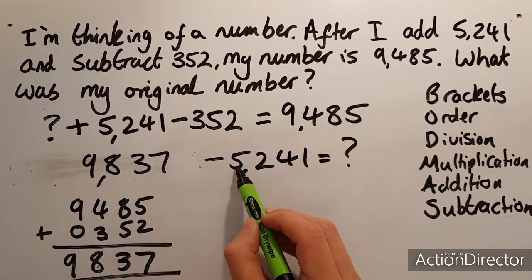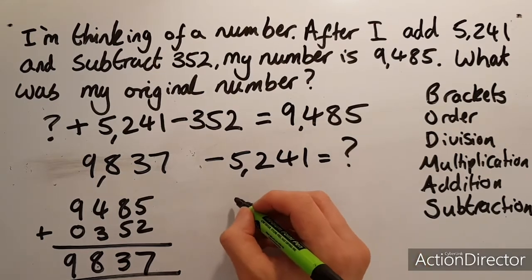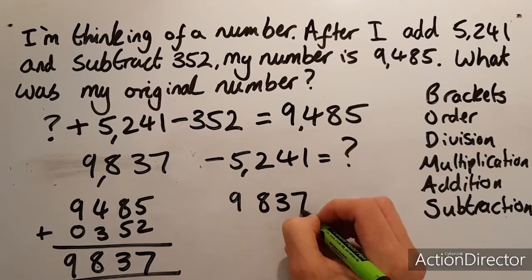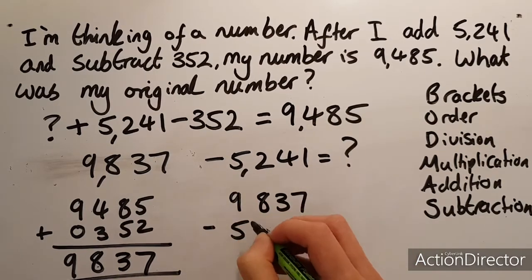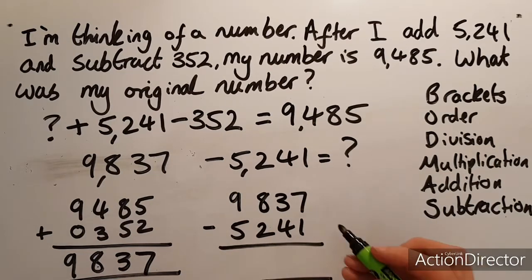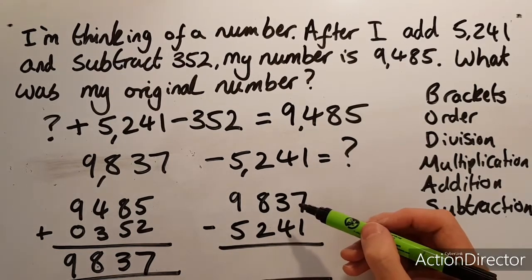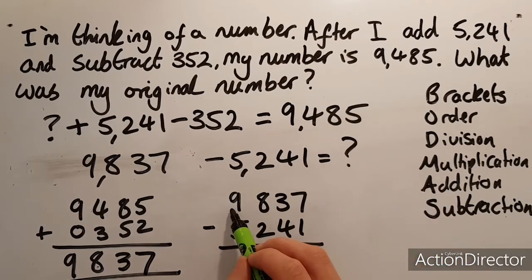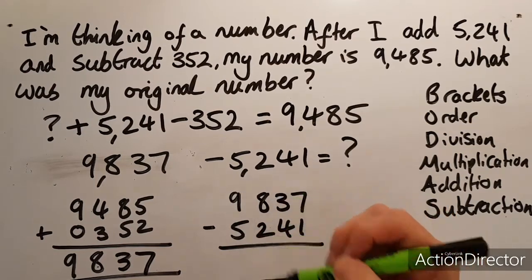So all I've got left is subtraction, which you'll notice is the last thing on my BODMAS. 9,837 subtract 5,241. Just do a few spot checks before you start your subtraction. Make sure you've got your larger number on top, and that the digits are in the correct place value. I've got my larger number on top, definitely, because I've got 9,000s here and only 5,000s here, and everything's in order.